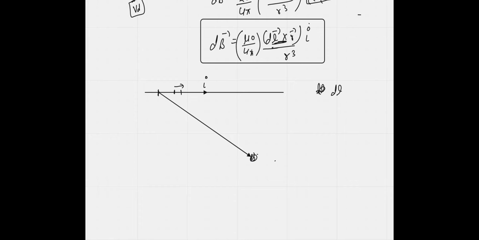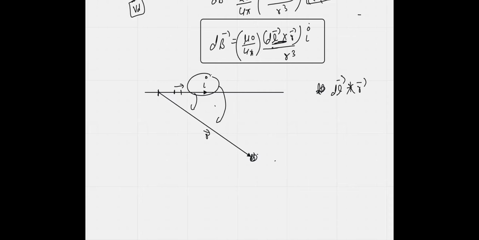So dl cross r. This is the radius r in this direction. You have to do the cross product from here to here. So you know the easier way: take your hand, face your main hand, four or five fingers towards the first vector. You can say this is I, and try to curl that towards this vector.